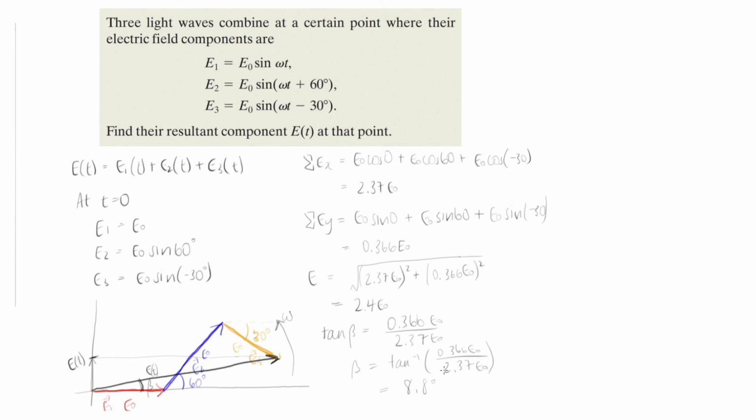Okay, cool. So then to write the equation in full, we would say E_T equals E sine omega t plus beta. So now we can say E_T equals 2.4 E naught sine omega t plus 8.8 degrees. And that's how you add multiple phasors.